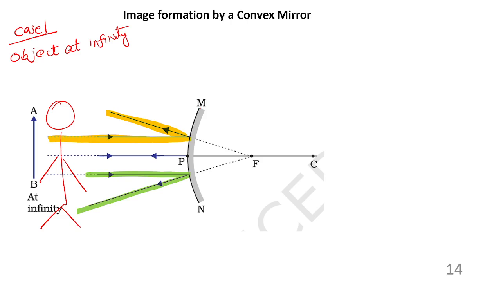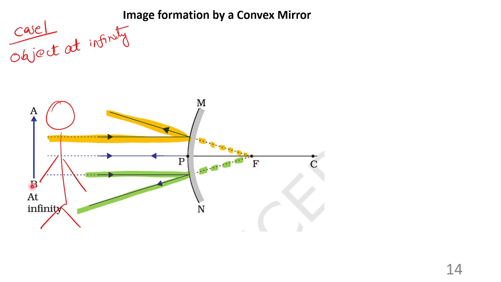Understood? We feel that these reflected rays are actually coming out of F. In fact, they are not from F, but our brain convinces us that these rays are emerging from F. So a point-like image is obtained at the focus.